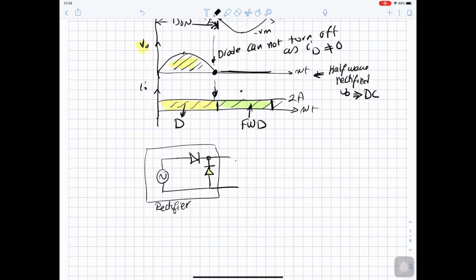So if the load here is highly inductive, which means it will act as a current source, you still have a successful commutation and you don't have a failure of commutation. And this was the circuit that I left last time as a homework for you.